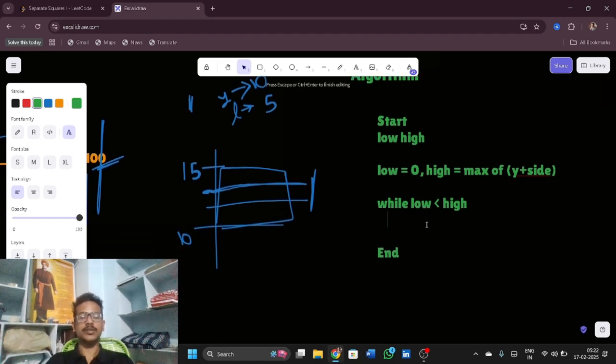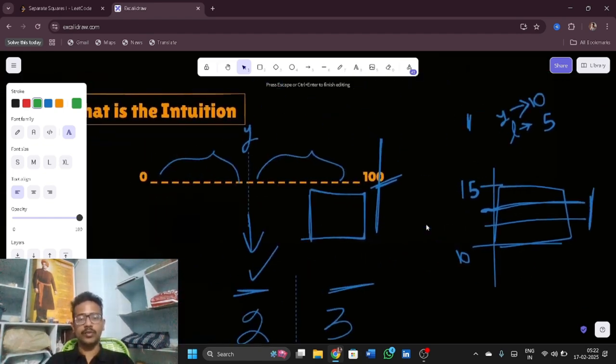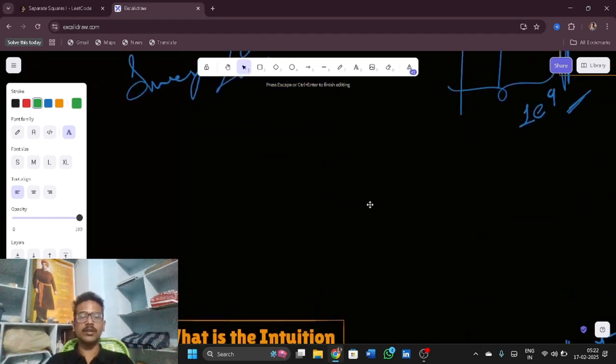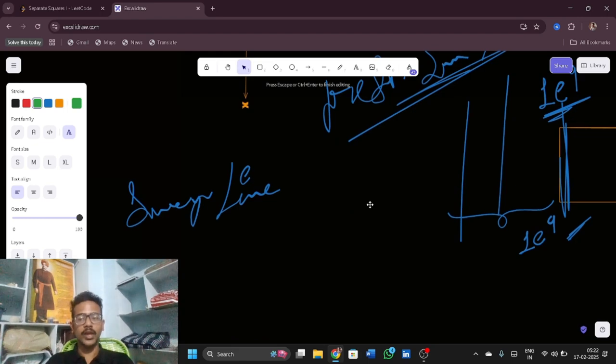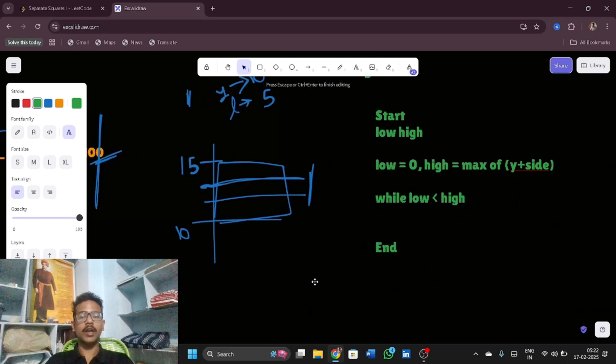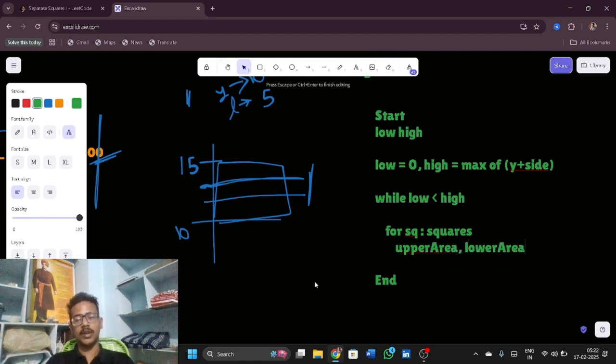Now here comes the question. You're not taking any left side or right side, not even taking this sweep line algorithm. How can you get your area? For that, every time, I'll go through every square and then I'll find out the upper area and lower area.